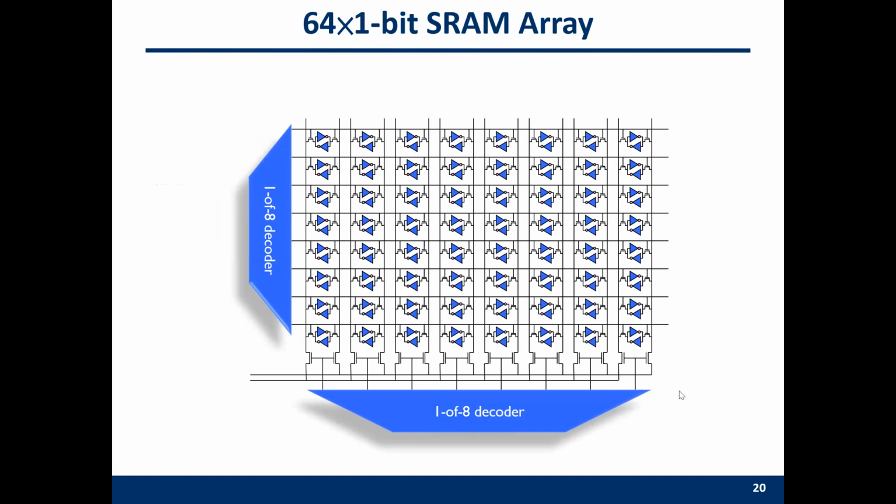You don't have to read all the data on the row. You can select only a part of the data. So in this example, only read this one, although you actually enable this row.